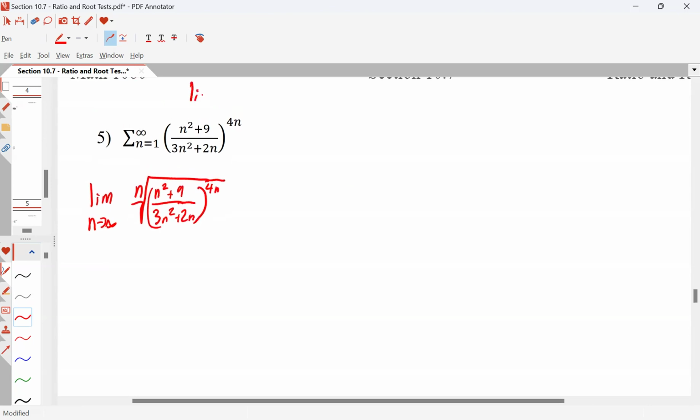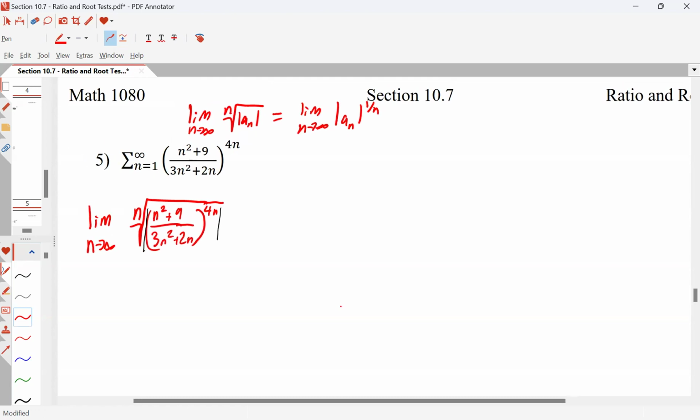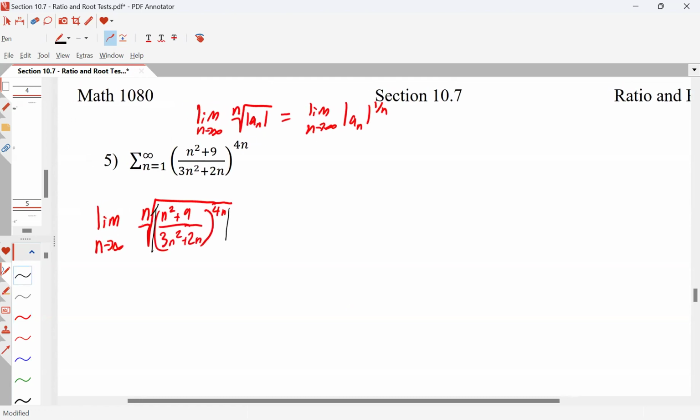As we are looking at the limit as n goes to infinity of the nth root of the absolute value of an, which is also the limit as n goes to infinity of the absolute value of an to the 1 over n. So because we're taking this nth root, the nth root and the n cancel in this limit.